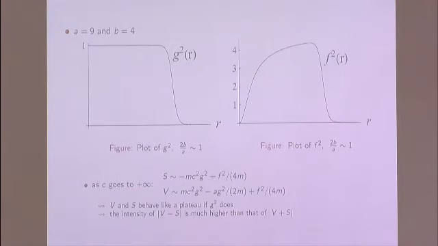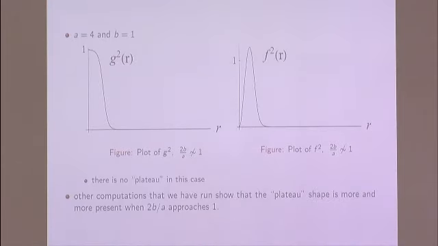Then in this case, when A is equal to 9 and B is equal to 4, the qualitative properties of the mesonic potential are perfectly observable. A less clear case is the following one, where A is equal to 4 and B is equal to 1. Here, neither G squared nor F squared has a plateau-like shape.